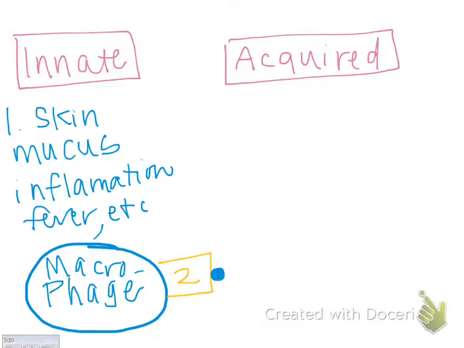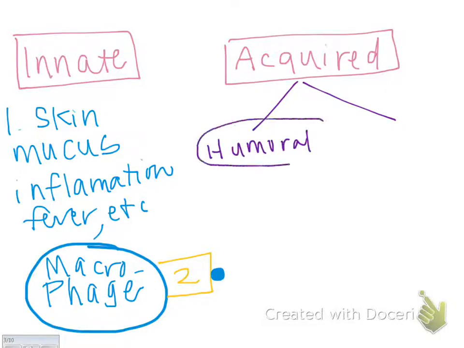Okay, so over on the next side, you've got the humoral, which is in the fluid. So this is when the pathogen is still in the blood. It's not in a cell. And then you've got cell-mediated.